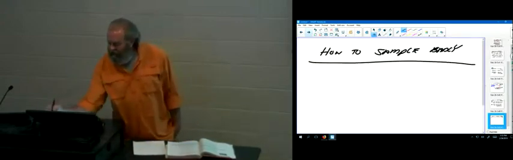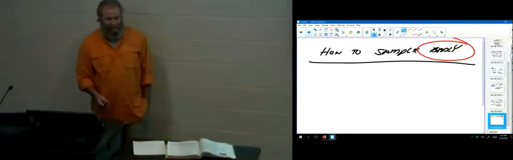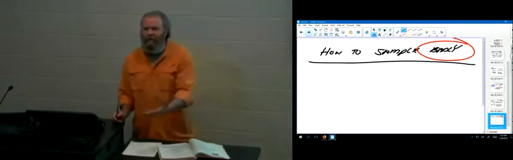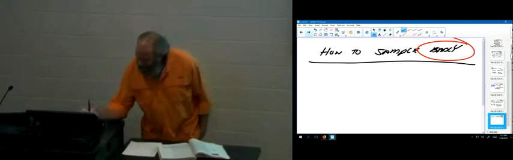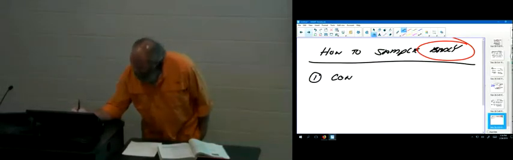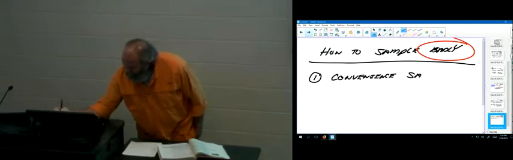Now I'm going to circle this, because sampling badly is not a good thing. Okay? Now, I've got two of these, and I'm going to give you examples of both of these. One of these is something called a convenience sample.